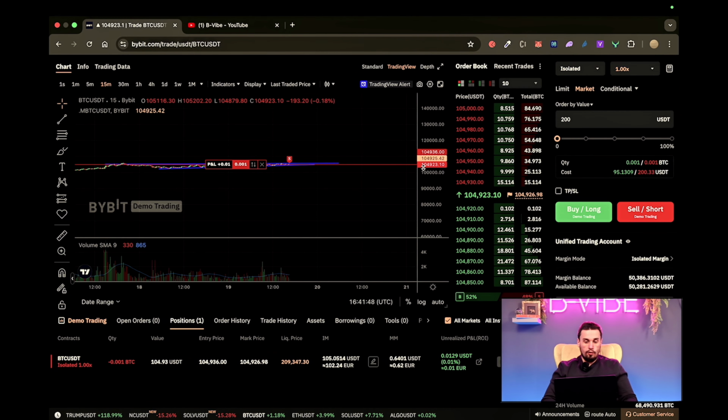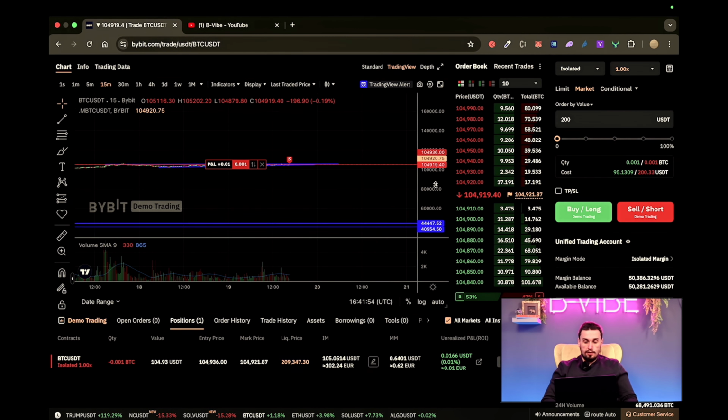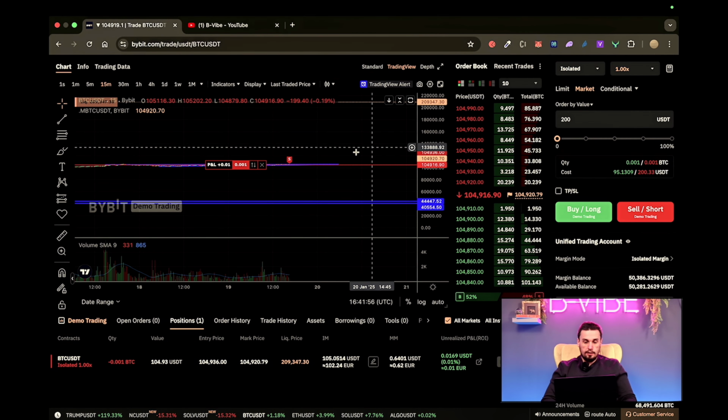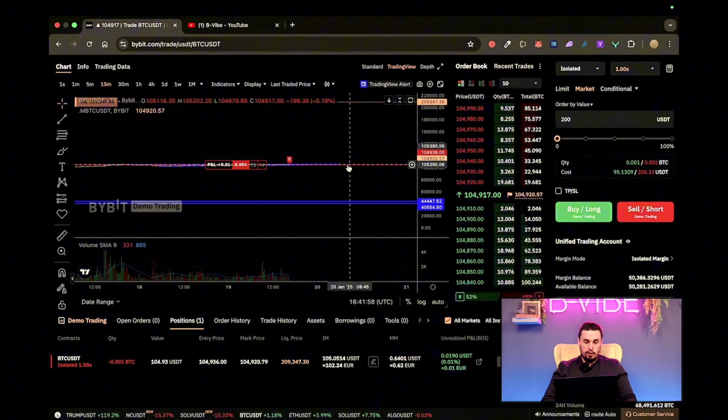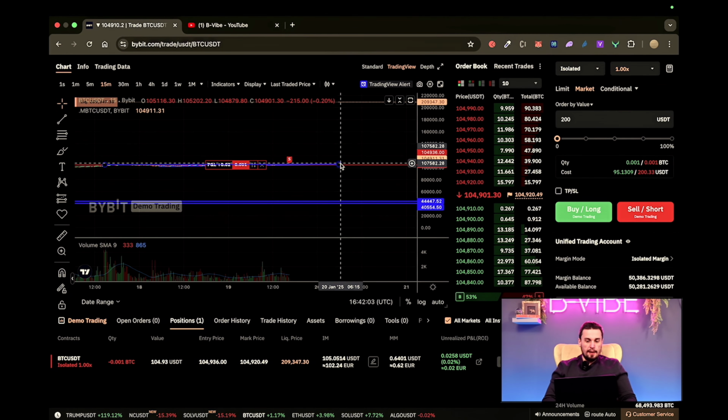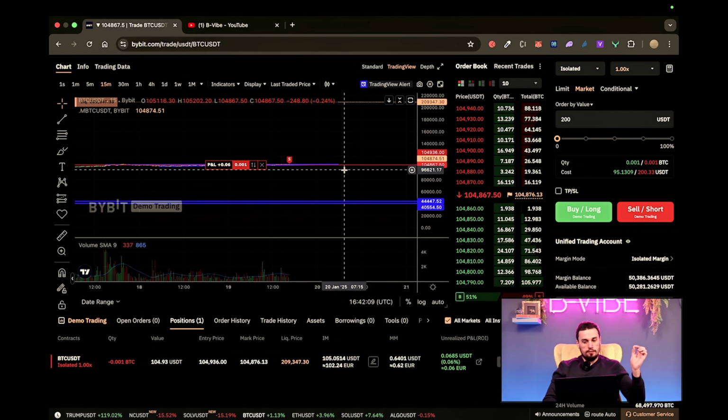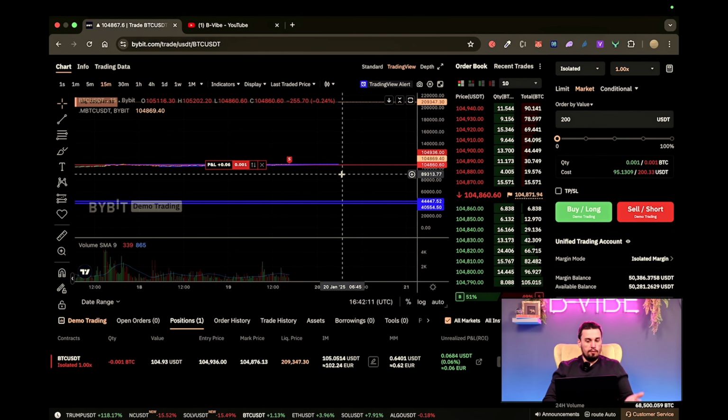The current value of Bitcoin is 104,000, so double that is 210,000. That's why it's the liquidation price, because there is the same space between 104,000 and 210,000 as there is from 104,000 to 0. That's why you have this.